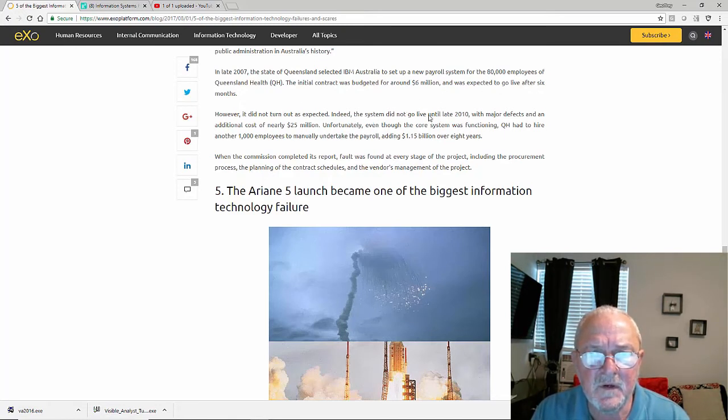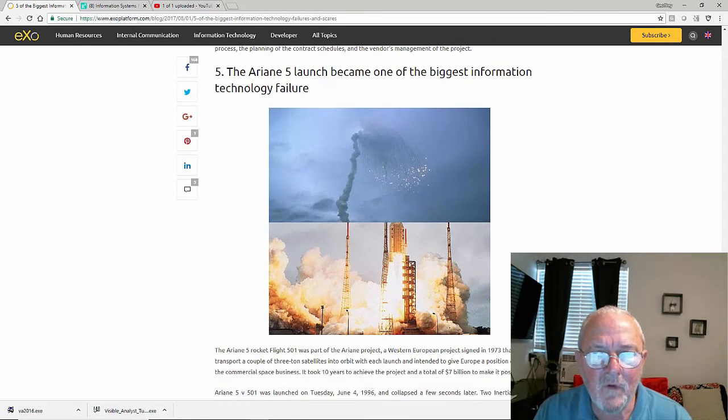It didn't go well. Major defects and an additional cost of $25 million. The core system was functioning, but QH had to hire another 1,000 employees to manually undertake the payroll. Fault was found at every stage of the project, including the procurement process, the planning of the contract schedules, and vendor management. Yes, indeed, that would be appropriate.